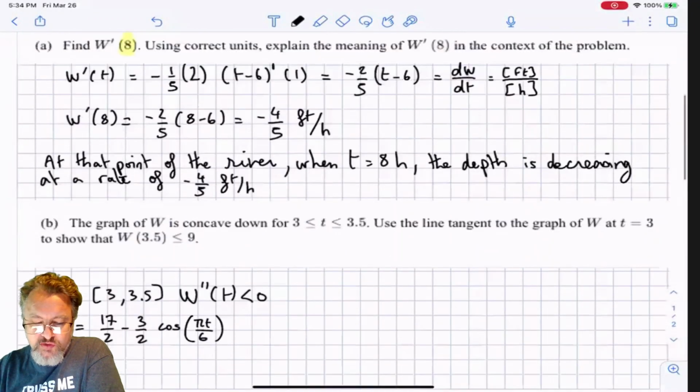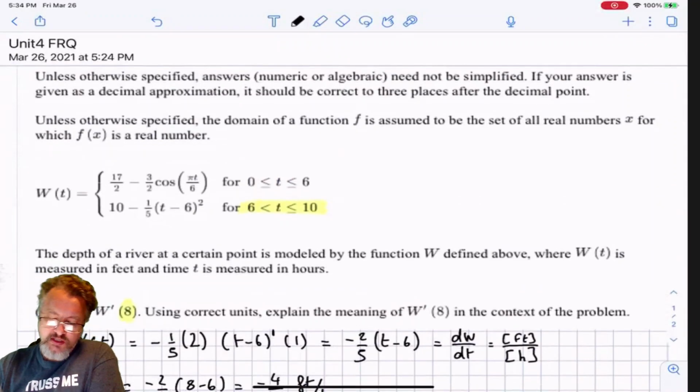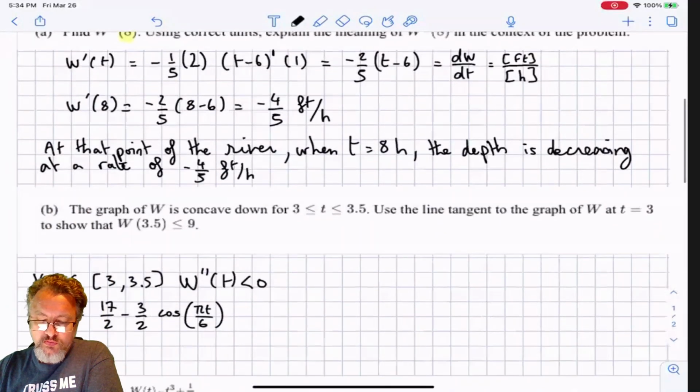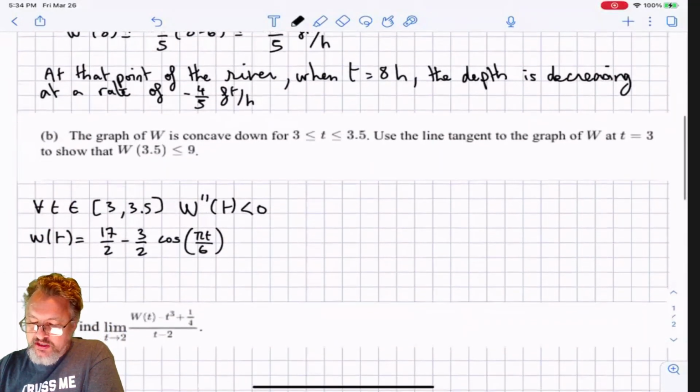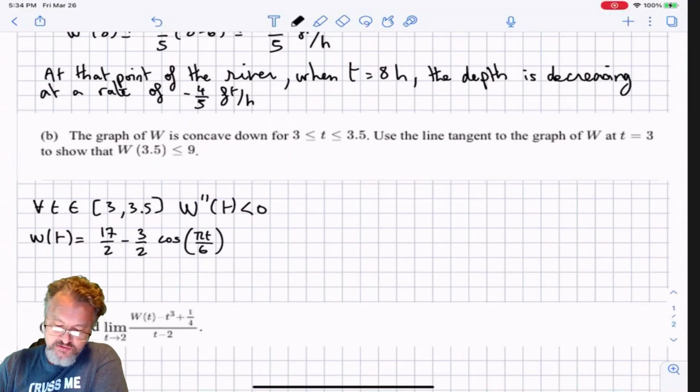Again, because we are between 3 and 3.5, and we know already that if we are between 0 and 6, it's going to be like that. So, use the line tangent to the graph at t equals 3 to show that W at 3.5 is less than 9. Okay, so let's study the line tangent to the graph.